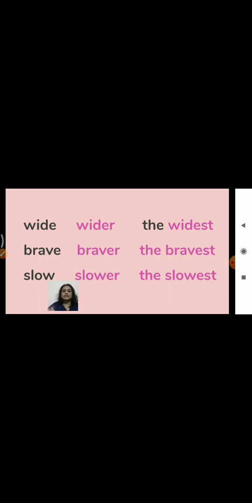Next, again here you can see wide, dash, the dash. Now what will come here? We have to find out the comparative degree and the superlative degree. So wide, we have added ER here, wider, and then the widest. Wide, wider, the widest.